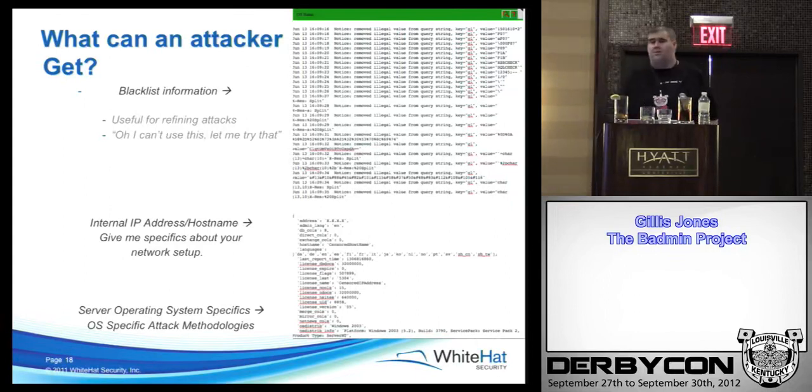Not just your operating system, but what version, what your host name is, what license number of the OS you're running. So I can refine my attack based on your specific operating system, again reducing the amount of time that I have to spend trying to break your site.